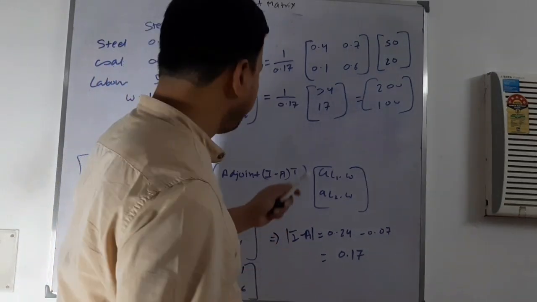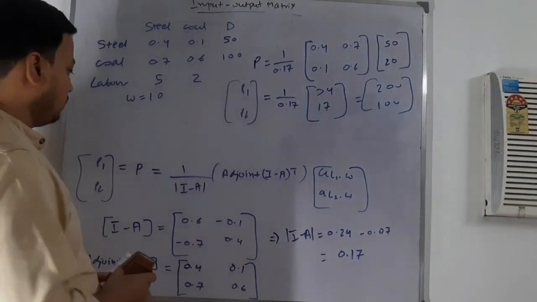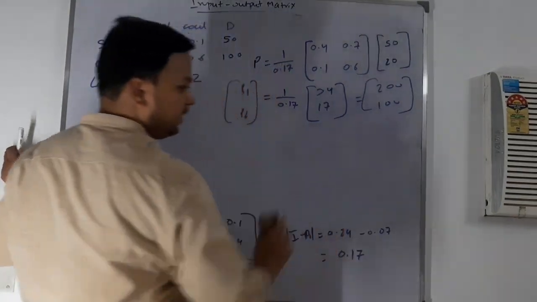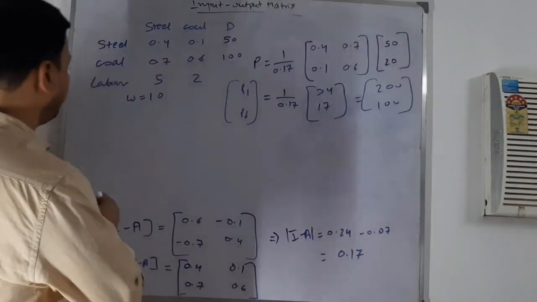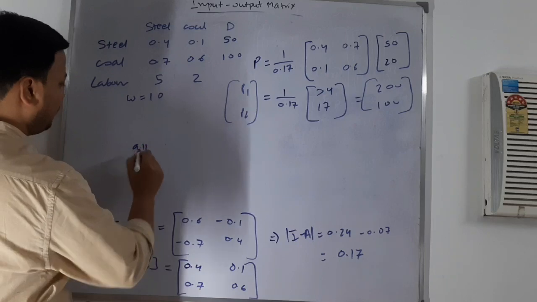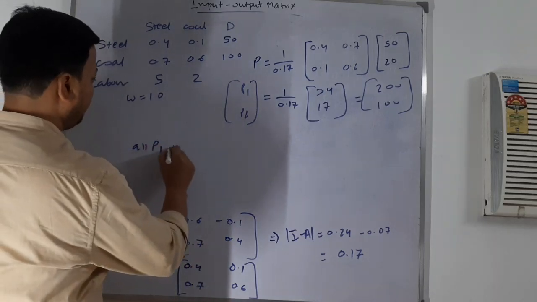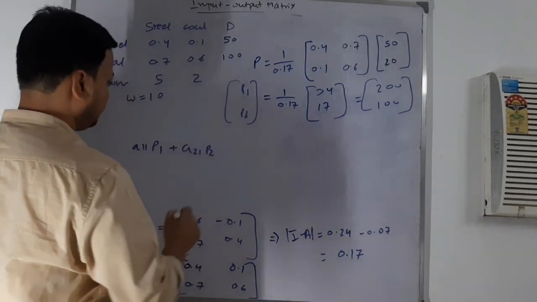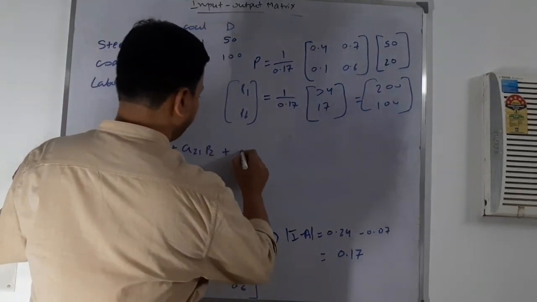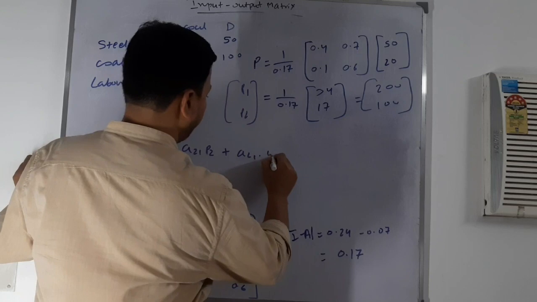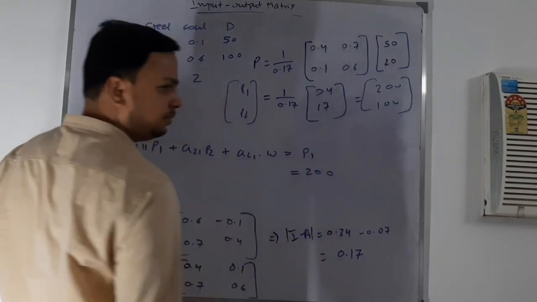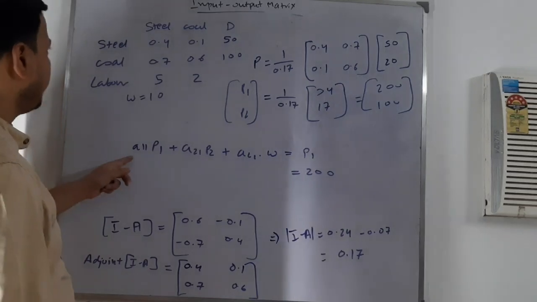Okay, let me check whether this answer is correct or not. So we know the equation of price. Now place this in the equation of price. We know that A11 P1 plus A21 P2 plus AN1 into wage equal to P1, and P1 we know is 200. What is A11?